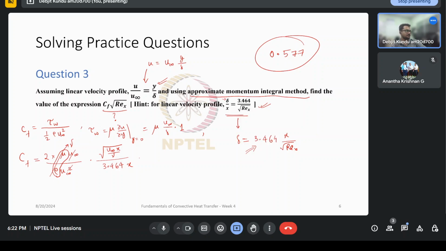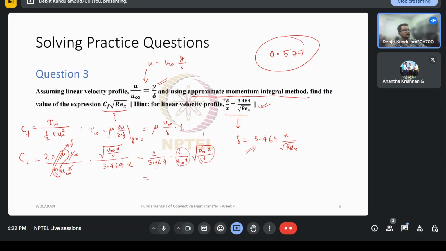So let's look at this. The numbers which I have are 2 over 3.464, and I have a nu, a u infinity, an x, and this thing, u infinity into x over nu. So if you realize, this is Rex and this is also 1 over Rex.